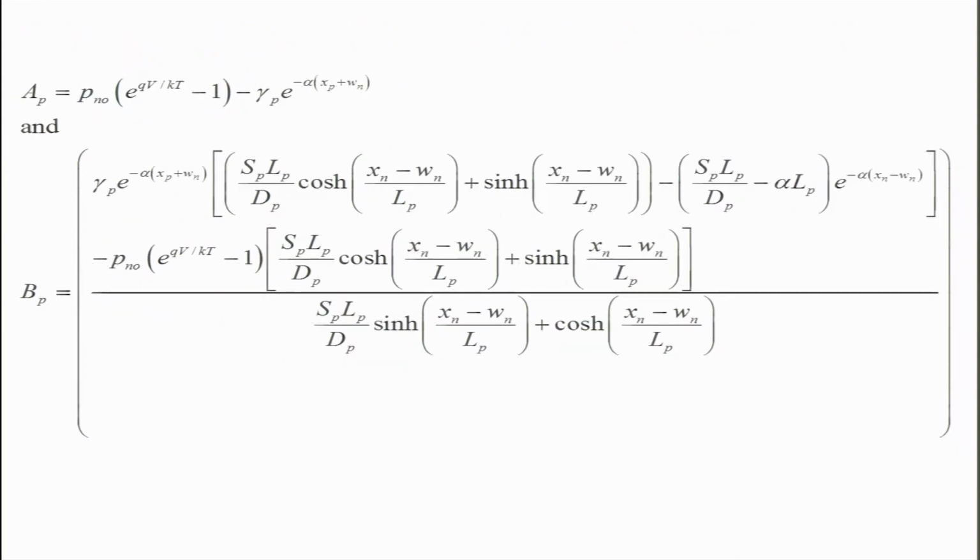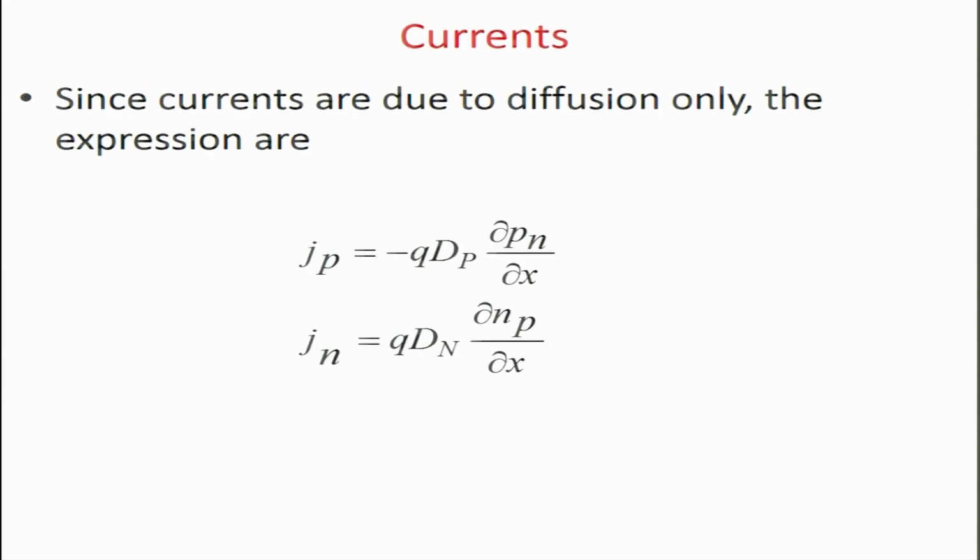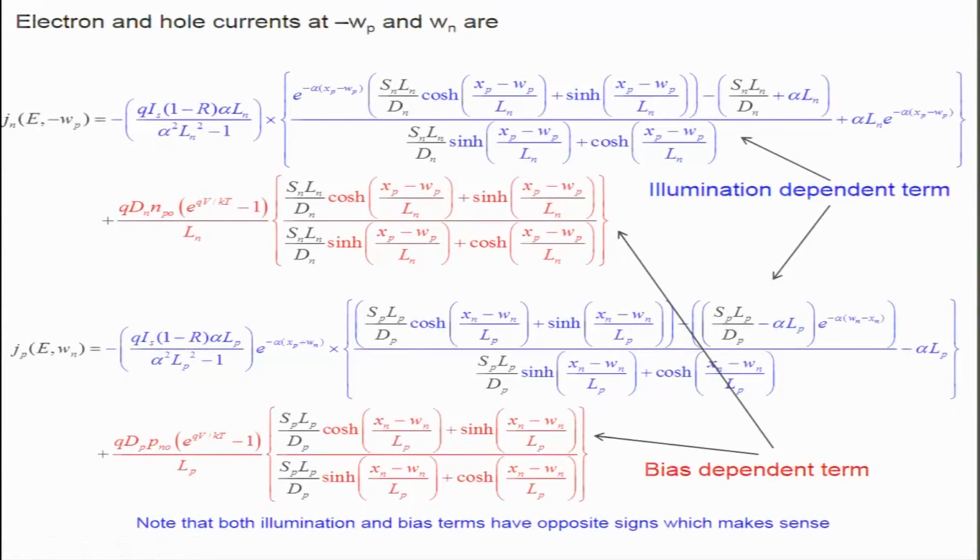So we have An, Bn, Ap, Bp, and we know that the currents are due to diffusion only. So current Jp is equal to minus q Dp del pn by del x, and Jn is equal to q Dn del np by del x. These are partial derivatives. When you replace these expressions and calculate the current, you do not have to worry about the complexity of the equation.